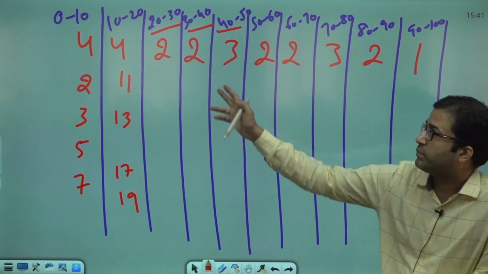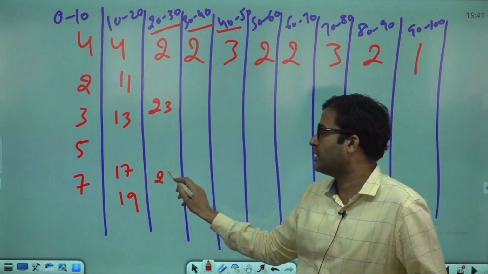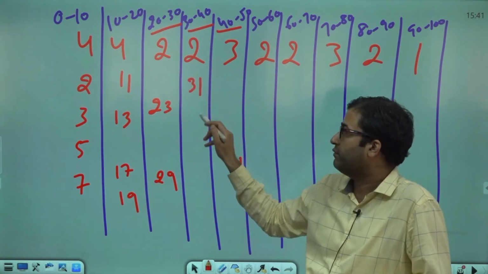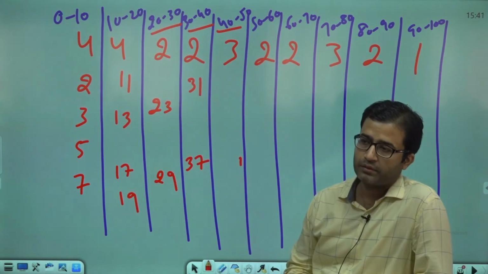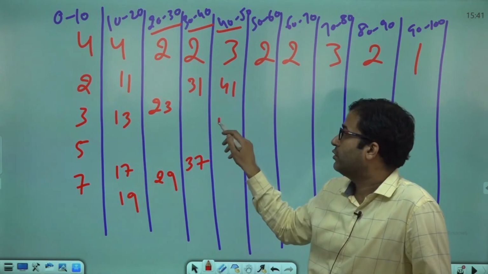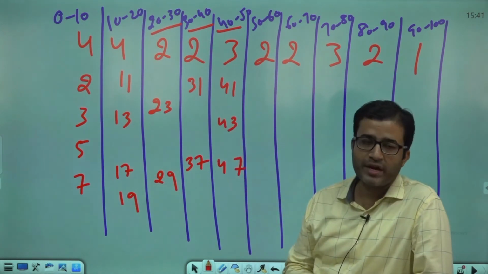तो इसमें से 20 to 30 you have 23 and 29. 30 to 40 you have 31, 37. Between 40 and 50 you have 41, 43, 47. Why not 49?